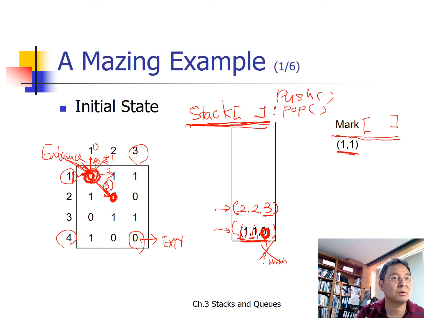And also we store 1, 1. 1, 1 is already visited, so we will store 1, 1 in the mark array here.